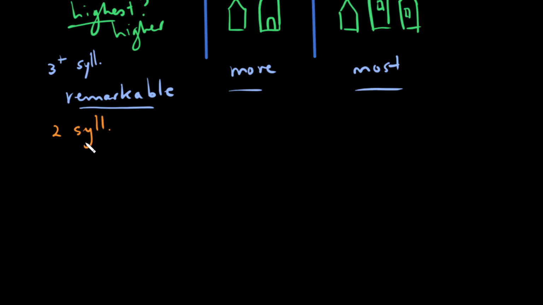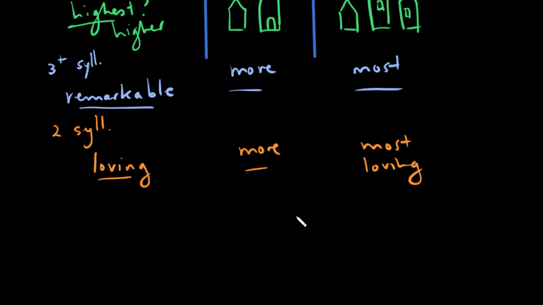So if we take, for instance, loving, which used to be a verb, but we can use it as an adjective, then we would say more loving and most loving. You wouldn't necessarily say lovingest. But if you were to say zany, that one also has 2 syllables, then you would say zanier and zaniest, and that would be perfectly fine. So there we have the ER and the EST ending.